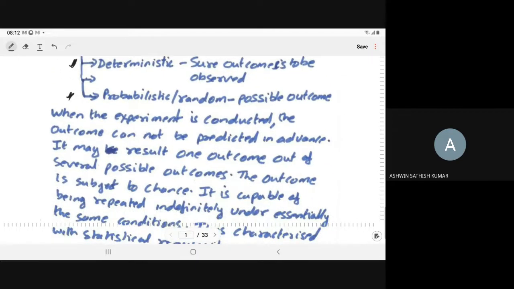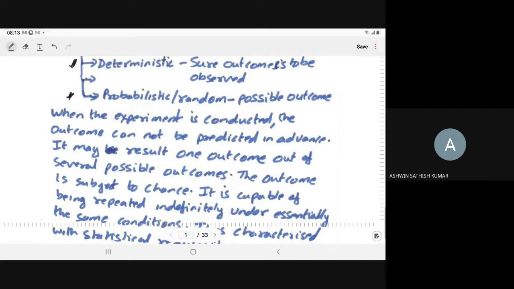So when the experiment is conducted, the outcome cannot be predicted in advance. We know only the possible outcomes. When we toss a coin, the possible outcome can be head or tail, but what will come we cannot predict. That type of experiment is known as a random experiment.